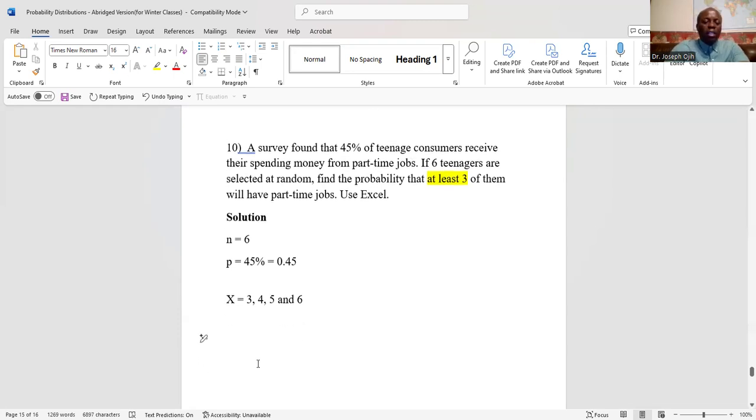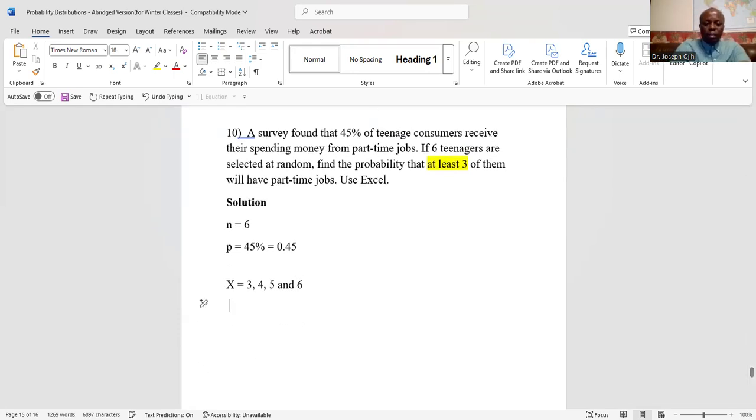So the probability of at least 3 of them equals P of 3 plus probability of 4 plus probability of 5 plus probability of 6.